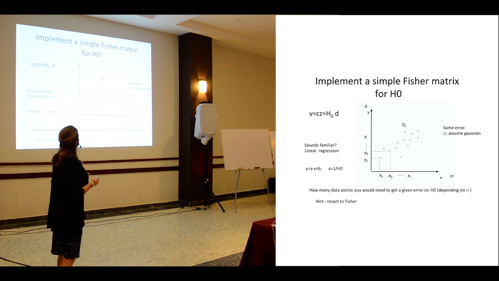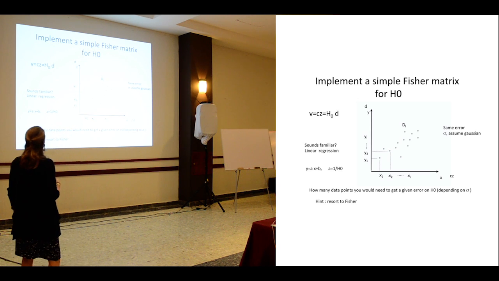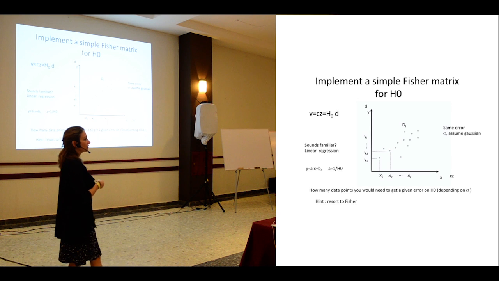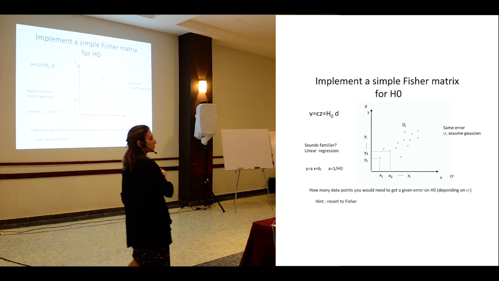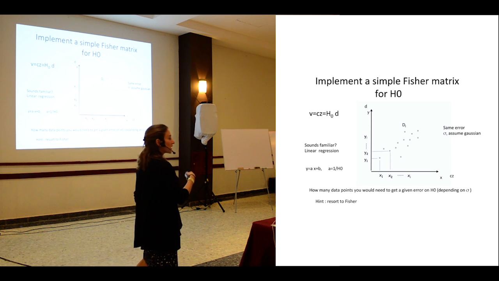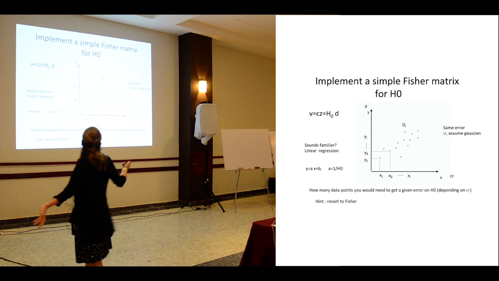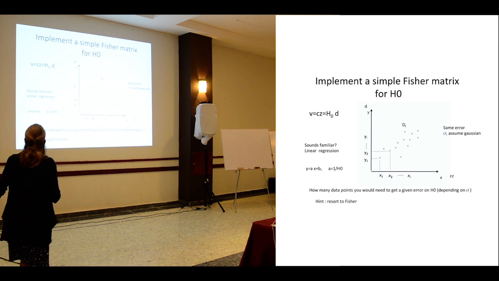So for this example, assume that all your data points have the same error, sigma, and that the errors are constant. This may sound familiar. I actually recycled the same images we used when we were introducing the chi-square, because this is like doing a linear regression.